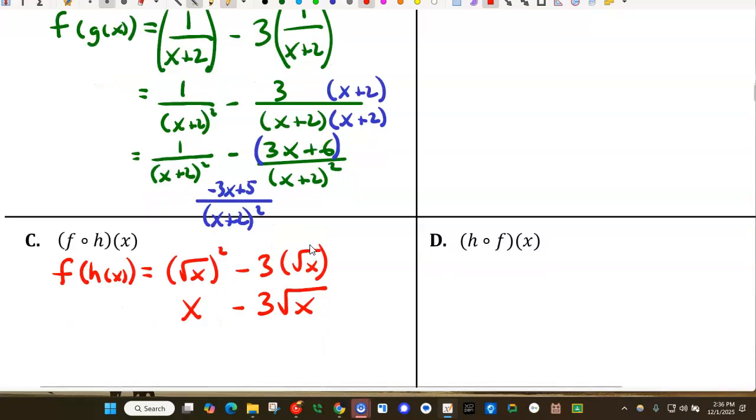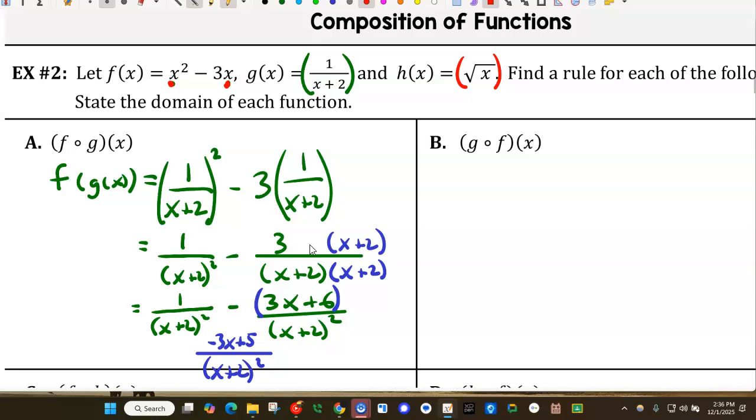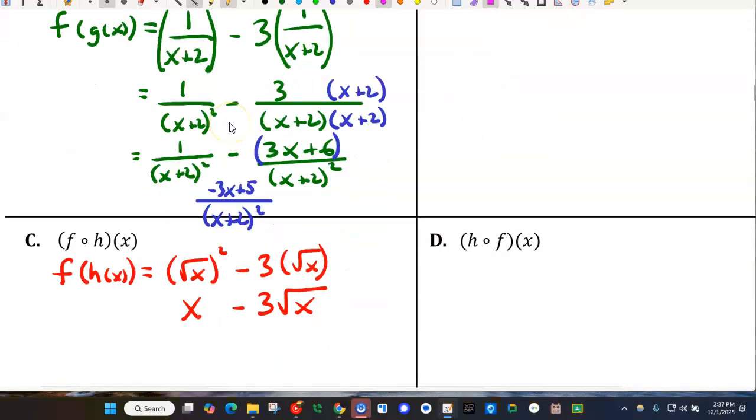Now, both of these also ask for domain. So we got to reach back to Unit 1 and remember all the domain rules. And recall that, well, we can't divide by 0. This would be a vertical asymptote. So it looks like x can just not equal -2. And usually with domain, it's easier to think about what it can't be and then get your answer.